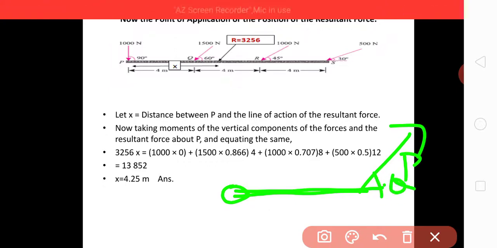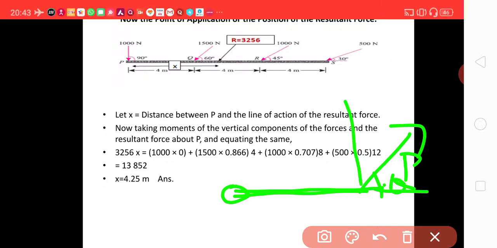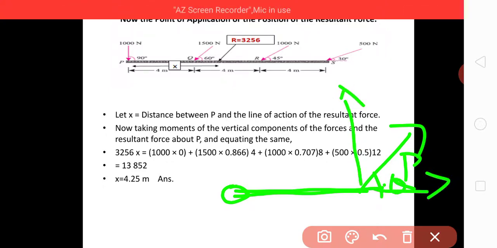Then this is its vertical component, this is horizontal component. The turning effect of a force is called moment.